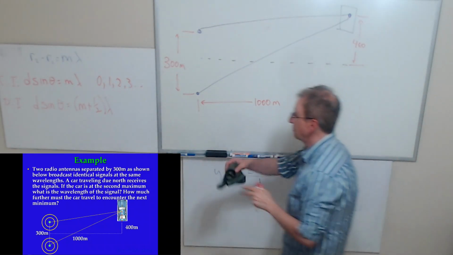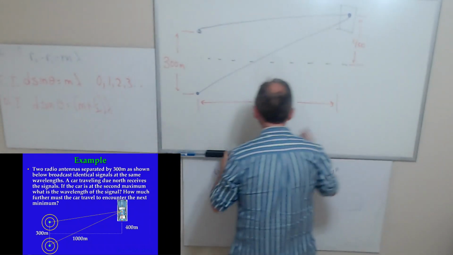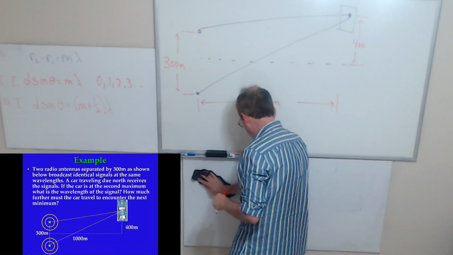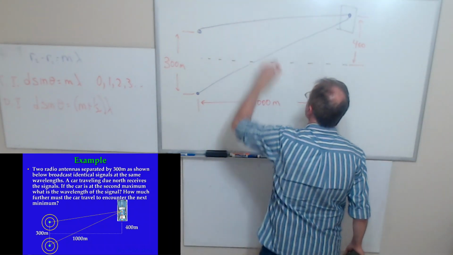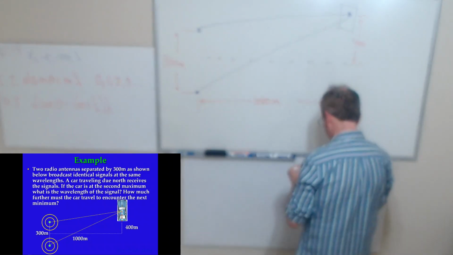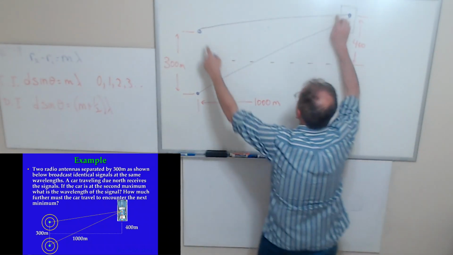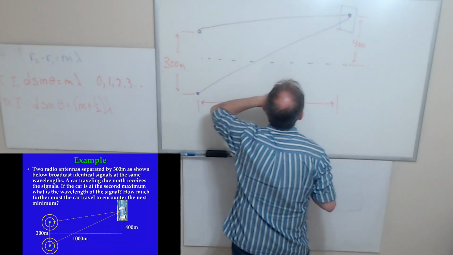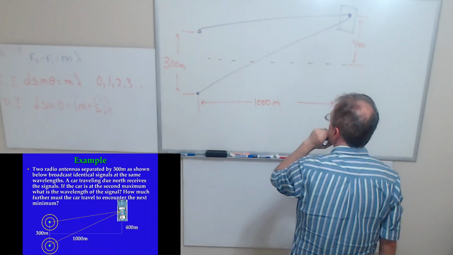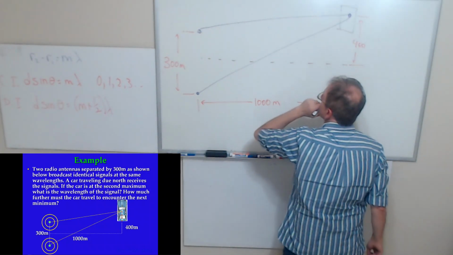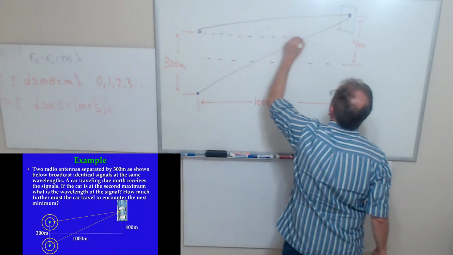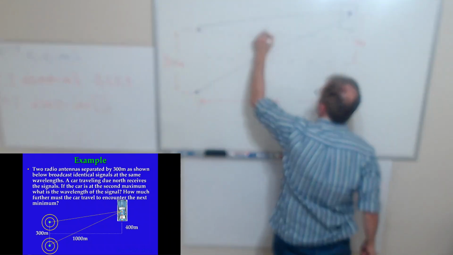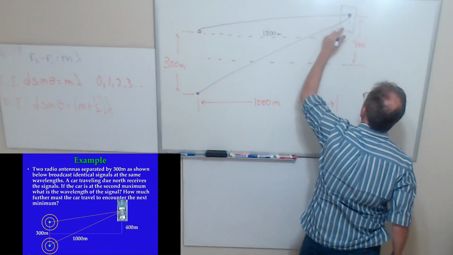I cannot use this equation because this distance is comparable to that distance. I actually have to do this by brute force. I actually have to figure this out. Well, this distance is going to be, if I draw a right triangle, it's going to be that. So it's going to be 1,000. This is going to be 100.